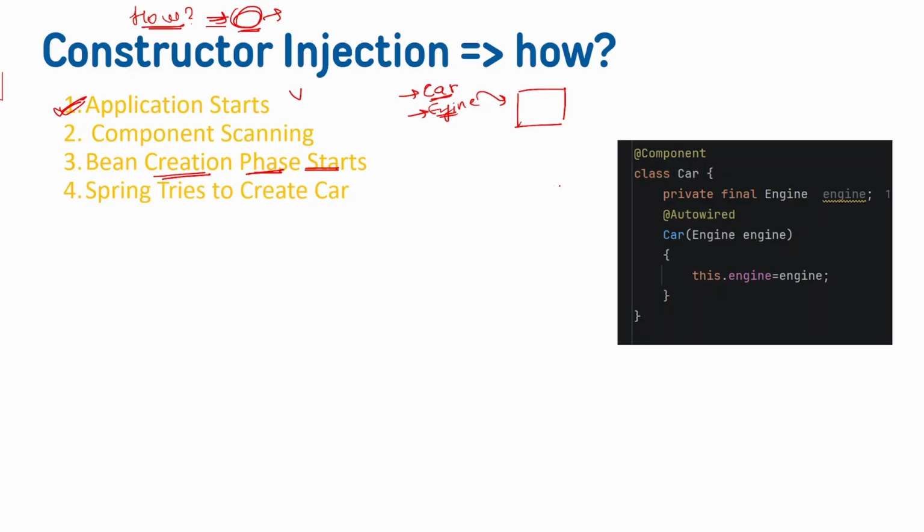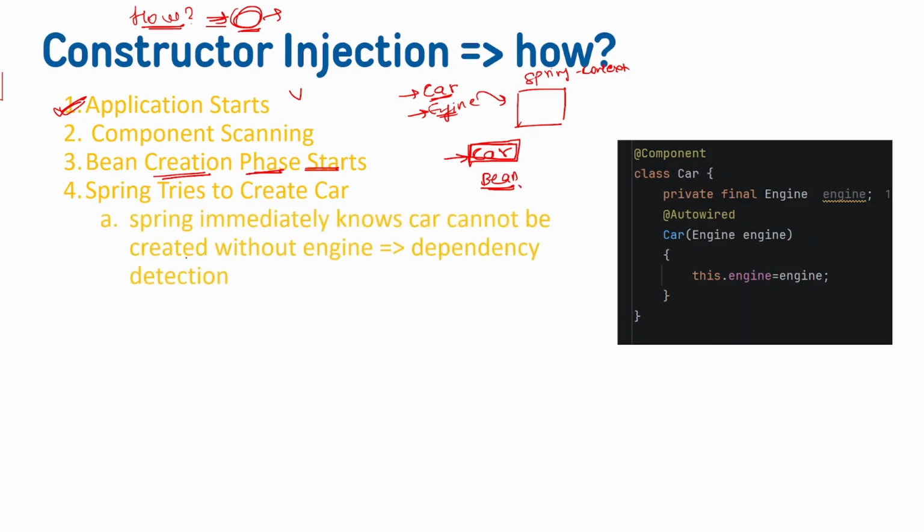Let's say Spring first tries to create the Car bean. Currently the Spring context is empty. Spring could create the Car bean using the new keyword, but when it is going to call new Car, Spring immediately knows that Car cannot be created without Engine.